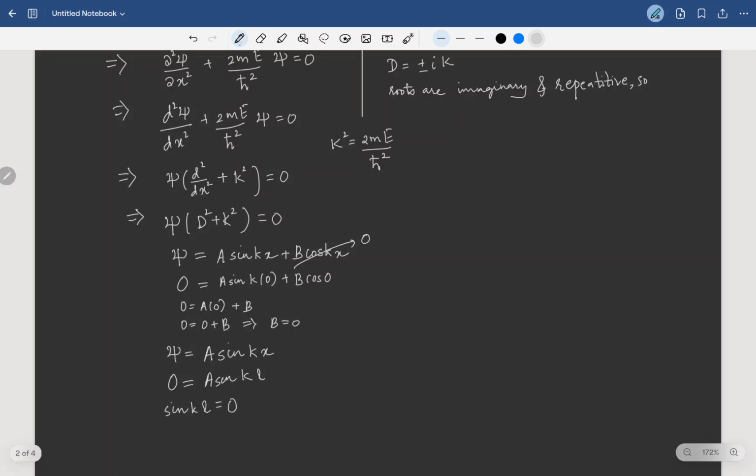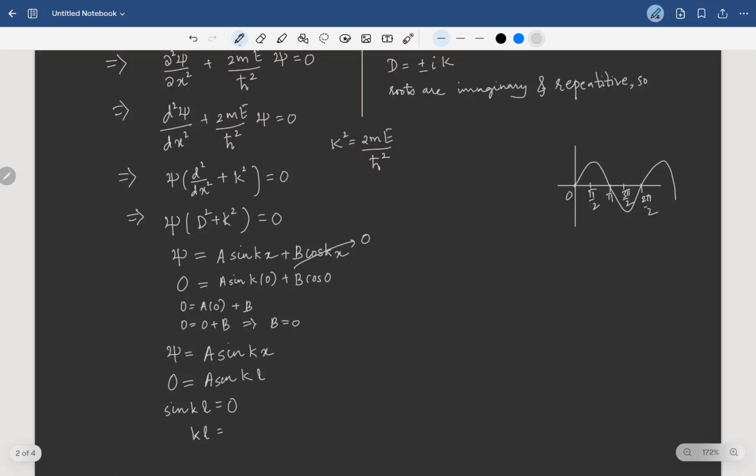For sin KL to be 0, what is the general solution? KL is equal to where all the sine function goes to 0. Let me put the graph here like this: 0, pi by 2, pi, 3 pi by 2, 2 pi.